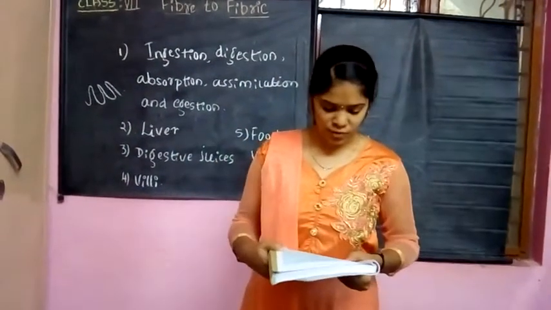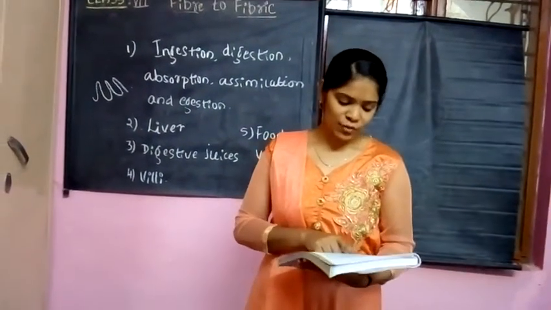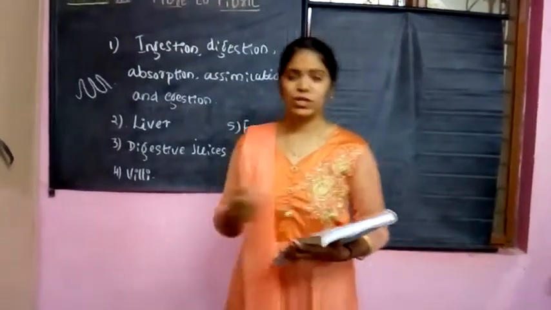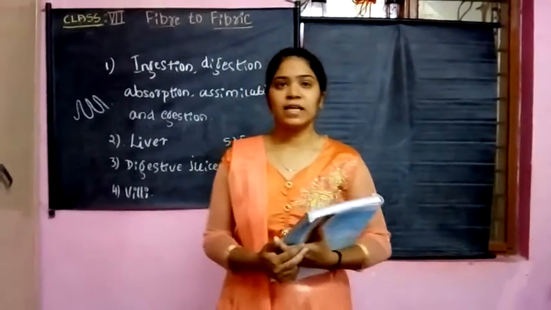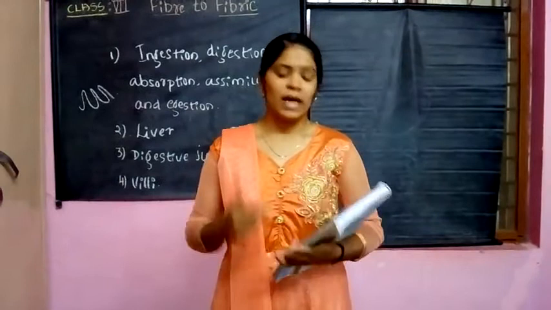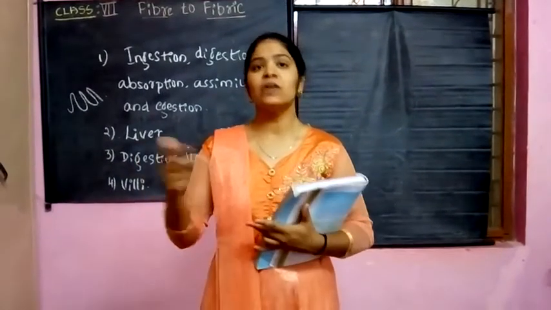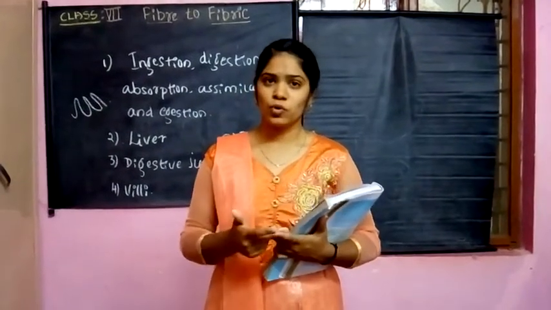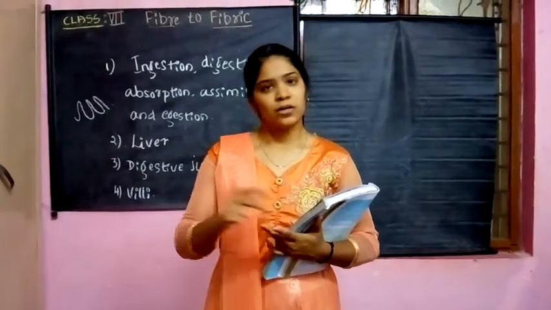So what is the next question? Why do we get instant energy from glucose? The answer is easy. As I told you, carbohydrates are converted into sugar components, and glucose is a sugar component. It is already a simpler substance.